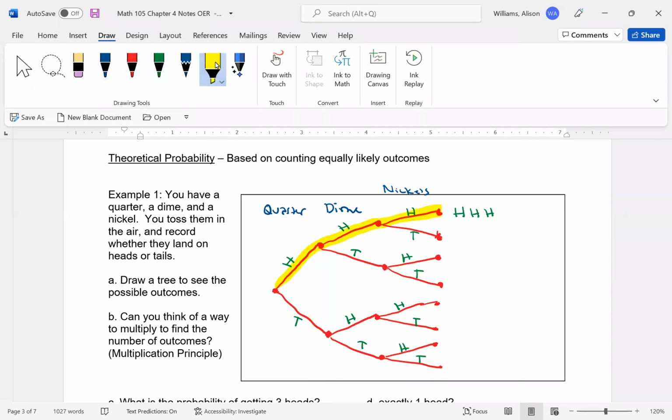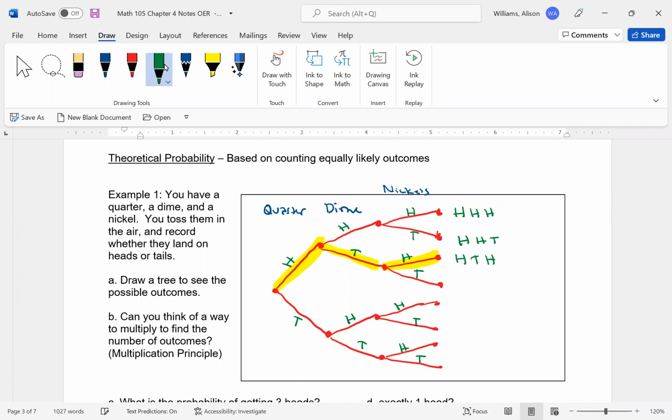Then I would go heads, heads, tails. And then I would go here. I should erase that so you could see what I'm drawing when I'm doing it each time. Sorry. So the next one would be heads, tails, heads.